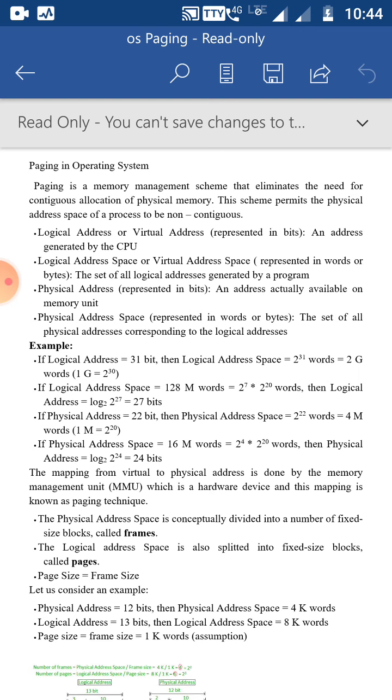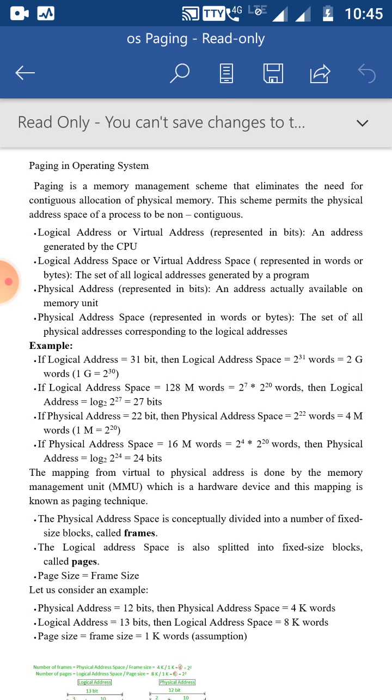In these 7 frames, the 7 pages of the program are going to be loaded and executed. Are you clear? So the first page is loaded in frame number 5. The last page, the 7th page, is loaded in frame 35.